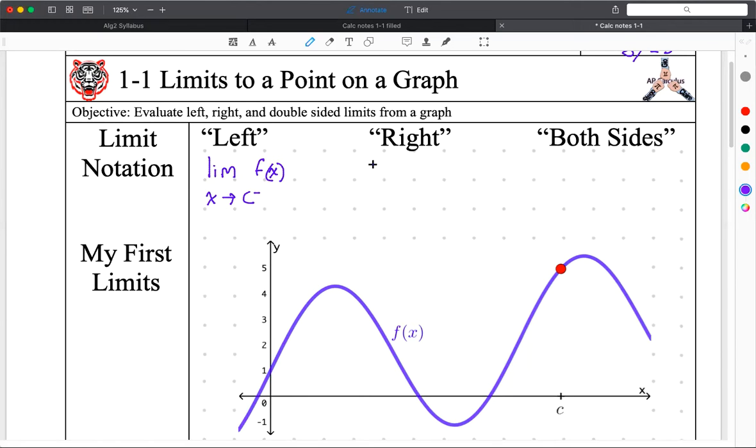The limit of f of x as x approaches, and then isn't it c, like just c? So just like that, just c. Yeah, you're really, really close. If left is negative, right would be, yeah, exactly, positive.